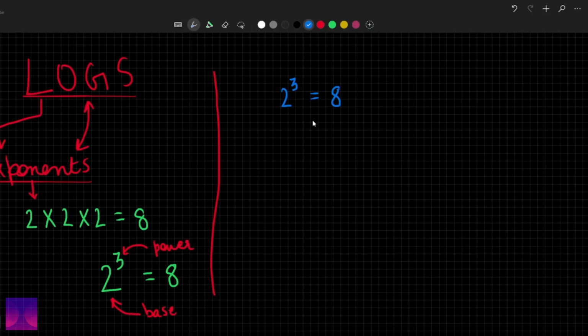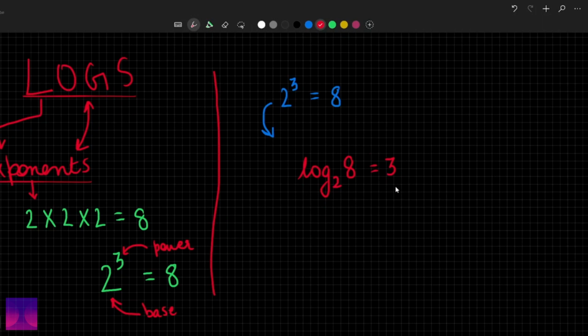When we write the same thing in the log form, we write log, with the base as a small subscript, and then the value 8 equals 3. So how do you read this? We read it as log base 2 of 8 equals 3.